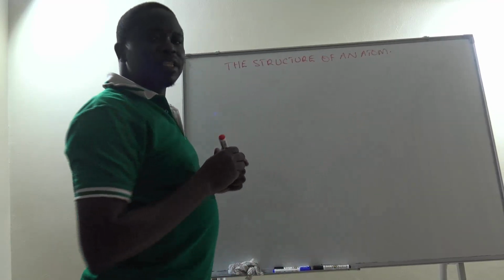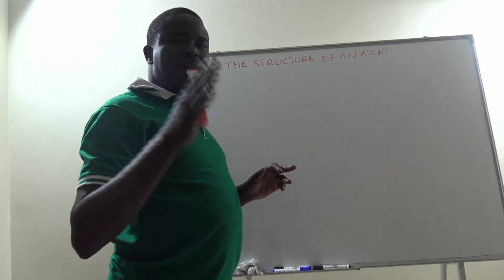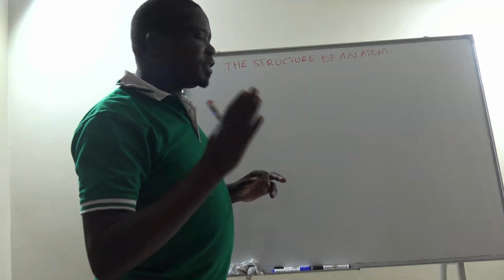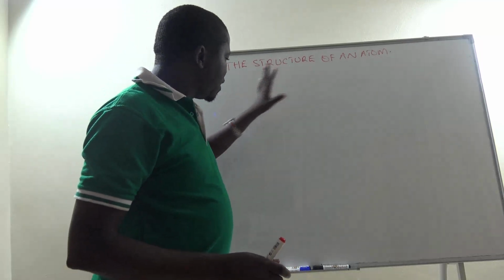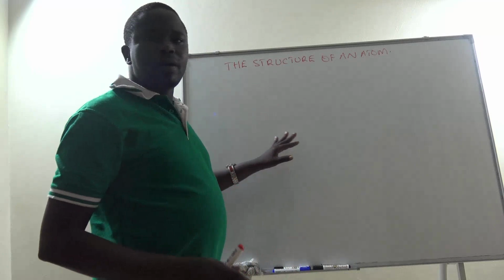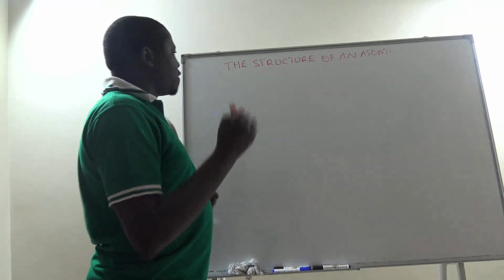You must know that they can ask you to describe the structure of an atom with the aid of a labeled diagram. So we are going to draw, and then we also try to see how we can describe it using words. So let us look at the structure of an atom.